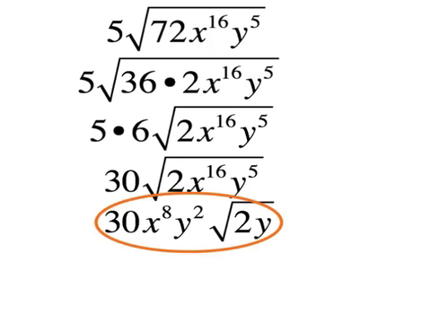So we leave a y inside. Bring out the y to the 4th after we take the square root, which gives us y to the 2nd. And x to the 8th and y to the 2nd are always positive numbers. So an absolute value symbol is not needed in this problem. So our final answer is 30x to the 8th y squared times the square root of 2y.